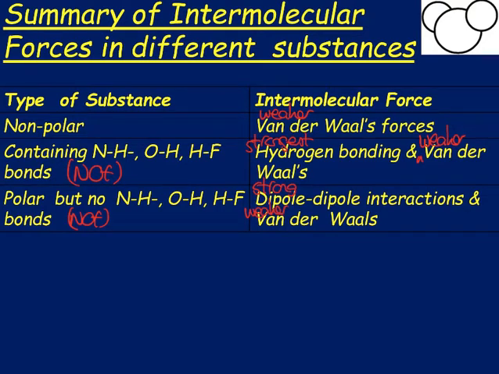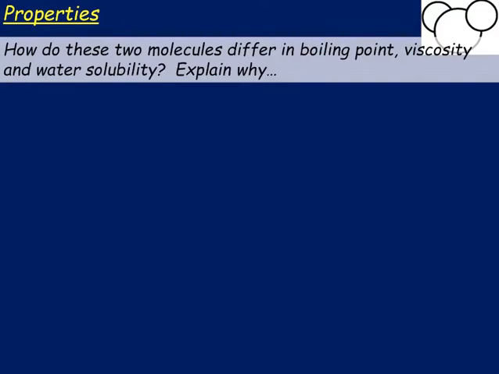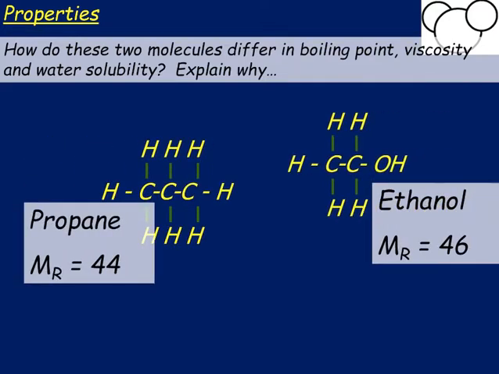So we'll try one question together and we'll see how you get on. We're going to look at two different molecules and how they differ in boiling point, viscosity and water solubility. So here we have propane and ethanol. They both have a very similar molecular mass, which means their weaker van der Waals will be the same, which is good, but that doesn't explain why they have differences in boiling point.